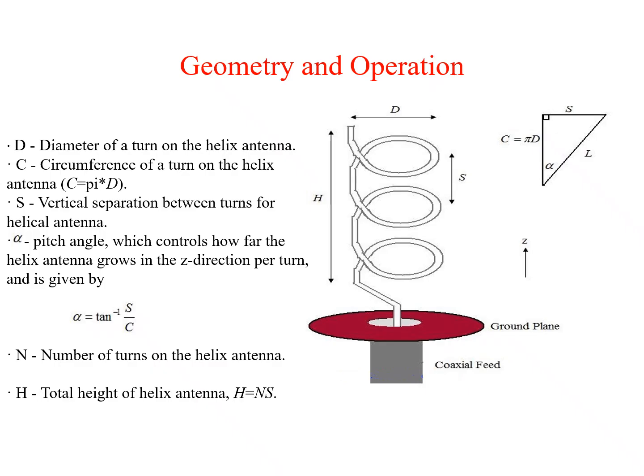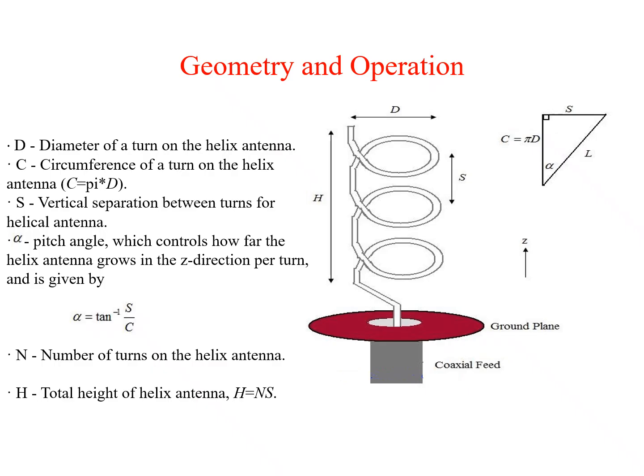H is the height, N is the number of turns, S is the spacing, the vertical separation of the helical antenna. When alpha equals 0, the winding is flattened, and the helix becomes a loop antenna with N number of turns.